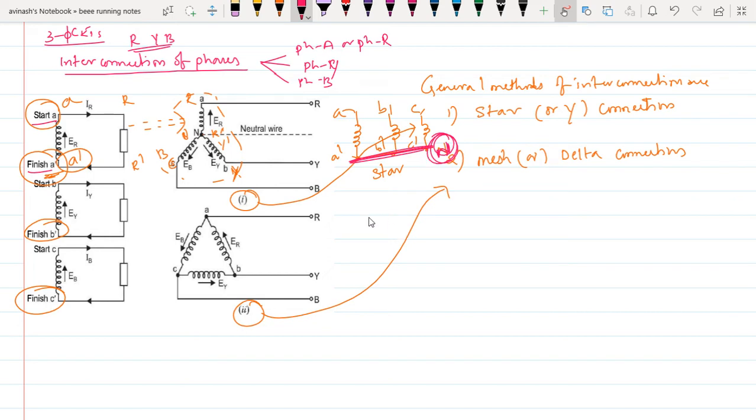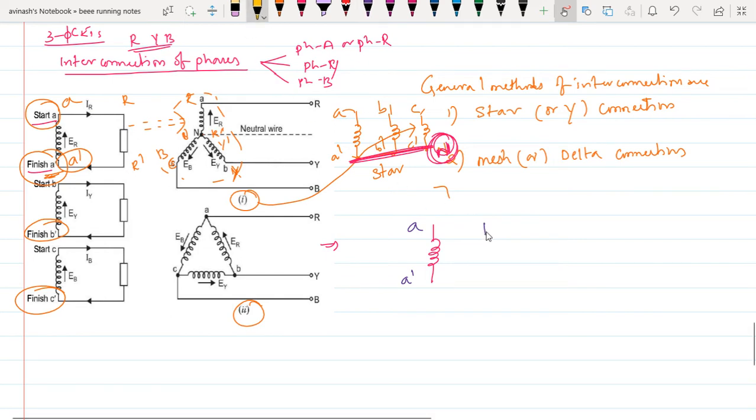In the same way, let us see how the delta connection is made by taking three windings. Let us consider winding 1, which will be A, A dash.